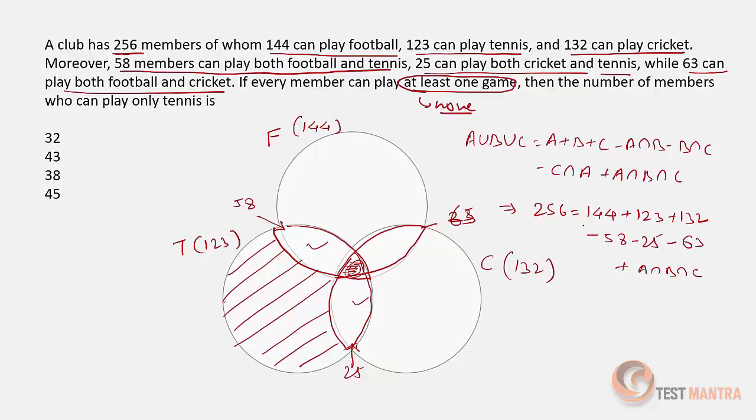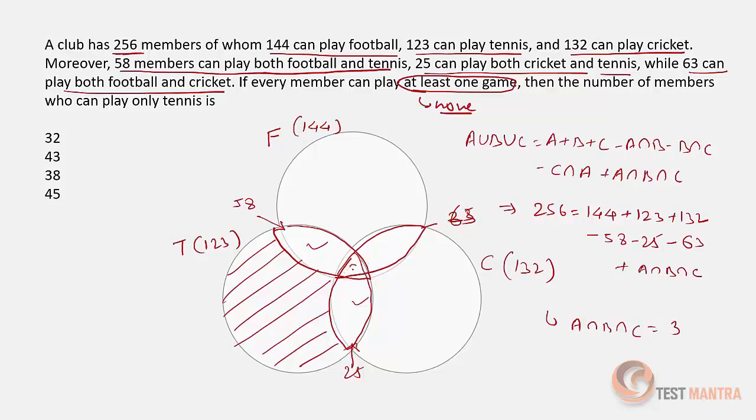If you solve this, you'll find that A intersection B intersection C is nothing but 3.